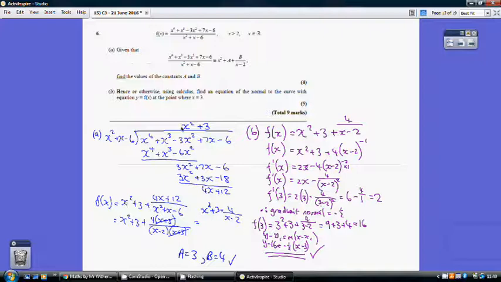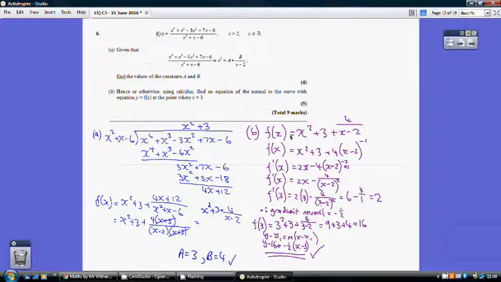So x squared plus 3 plus 4x plus 12 all over x squared plus x minus 6. Now this third term factorises to 4 times x plus 3 over x minus 2 times x plus 3. The x plus 3 terms cancel out, giving us a final answer of x squared plus 3 plus 4 over x minus 2. So our A is 3 and our B is 4.